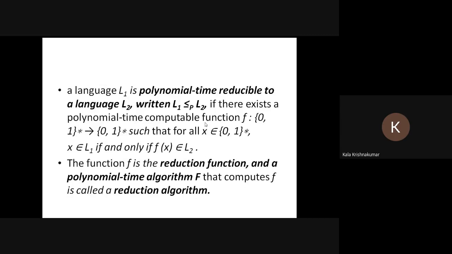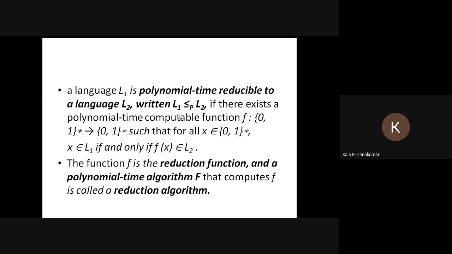And this is a formal definition for a polynomial time reduction. A language L1 is polynomial time reducible to a language L2. Then we write it like this: L1 ≤P L2. The P represents polynomial time.